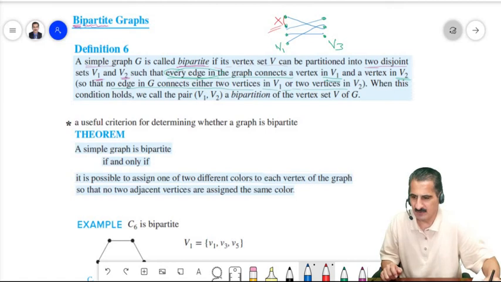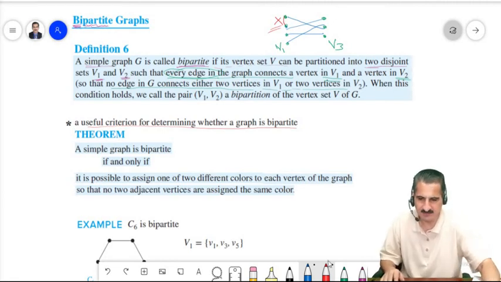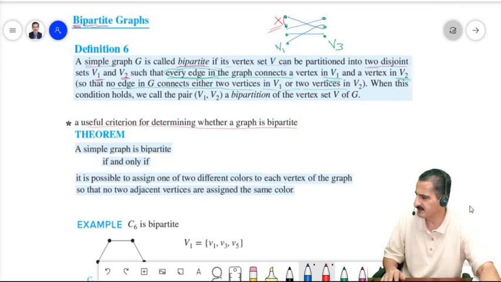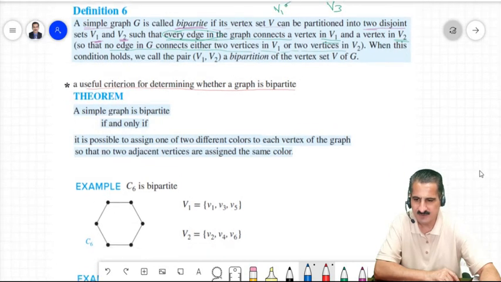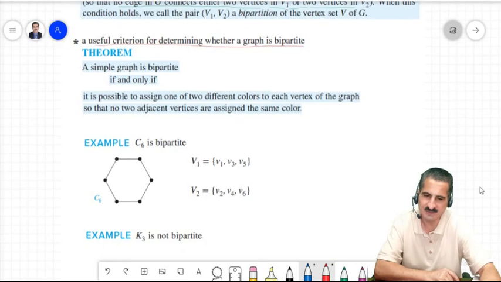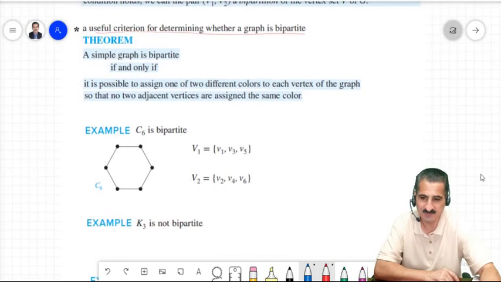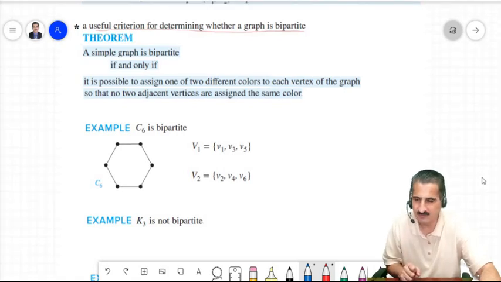Now, how do we find whether a given graph is bipartite? It's not easy in general, but for some graphs we can do it easily. So again, every edge connects a vertex from V1 to a vertex from V2. V1 and V2 are disjoint, and their union gives back all the vertices of the graph.